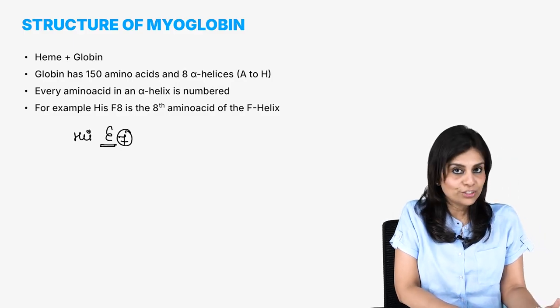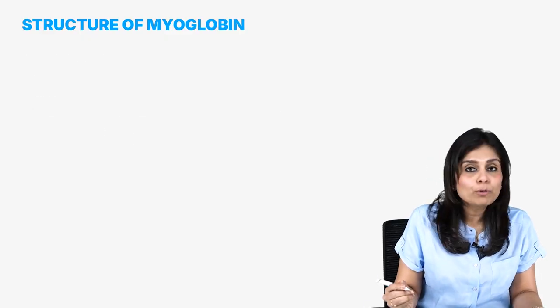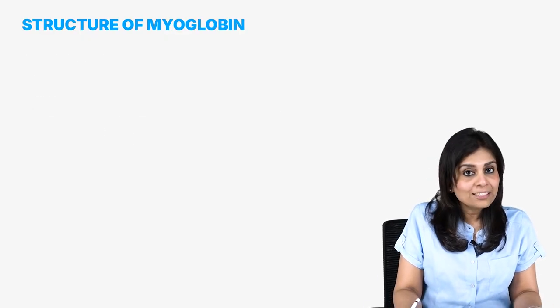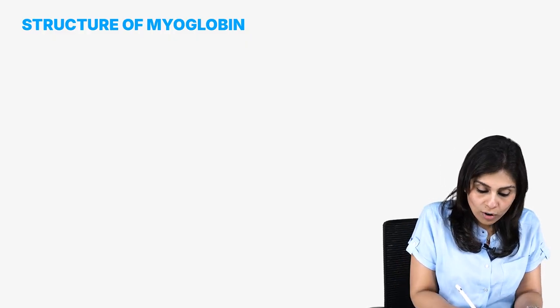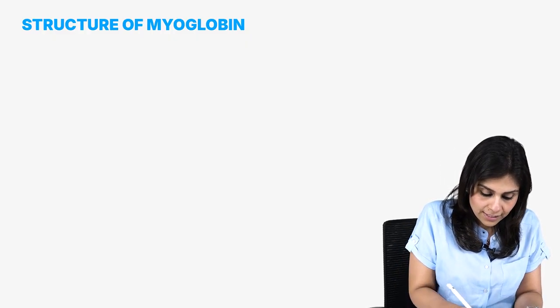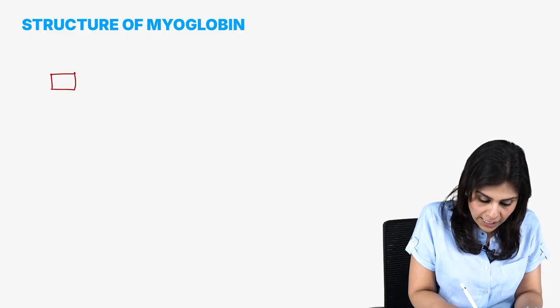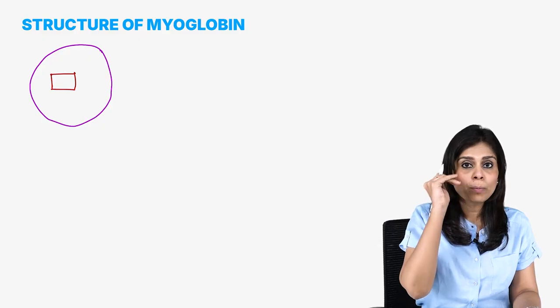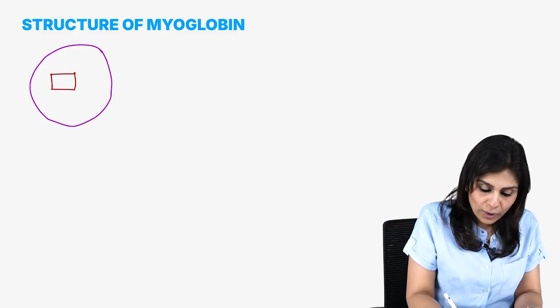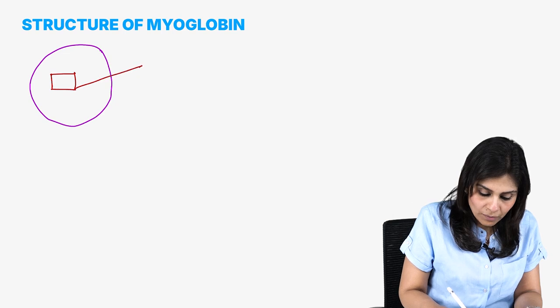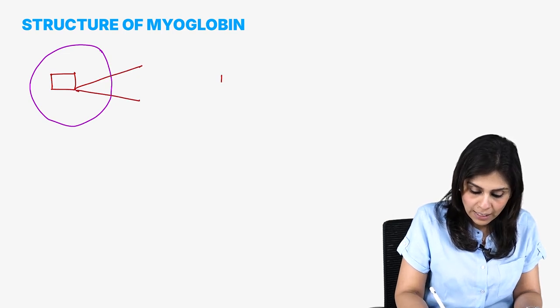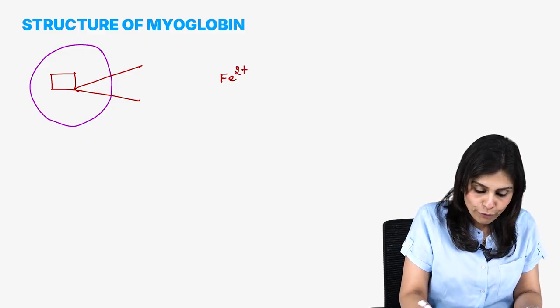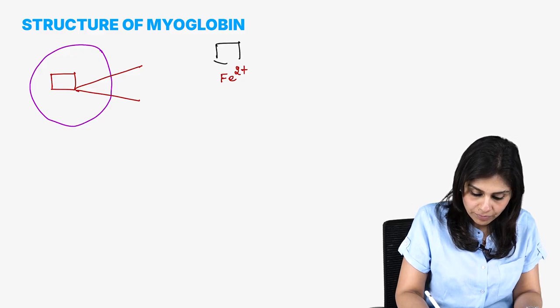So that's an introduction. Now in detail about the structure of myoglobin, as I told you, myoglobin has one heme in the center surrounded by one globin chain. We learnt about the globin chain. Now about the heme. If you expand this, heme will have iron in the center, and this iron is surrounded by 4 pyrrole rings.